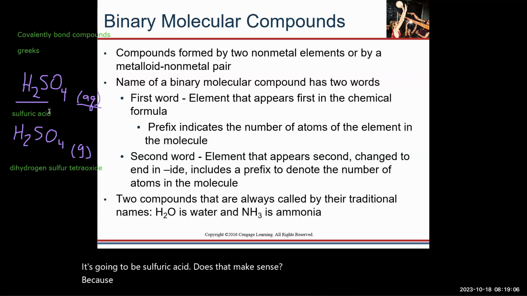Because it's in an aqueous solution, it causes a reaction that makes the hydrogen act as an ion.